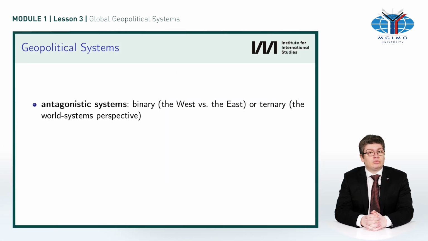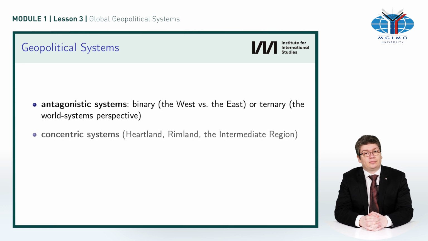There are several types of global geopolitical systems. Antagonistic systems, where the world is divided into competing subsystems or mega-regions. They can be either binary, like the West versus the East, or ternary, like the center, periphery, semi-periphery in world system perspective. It could be concentric systems, where there exists the geographical center of gravity, like in heartland theory.